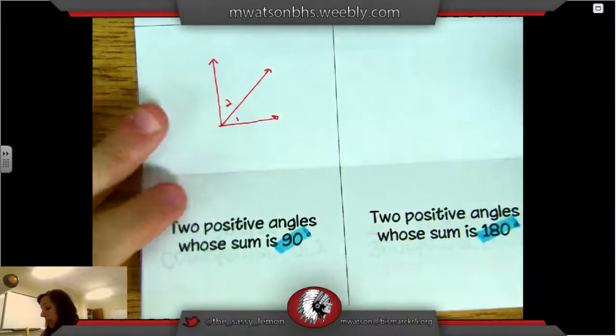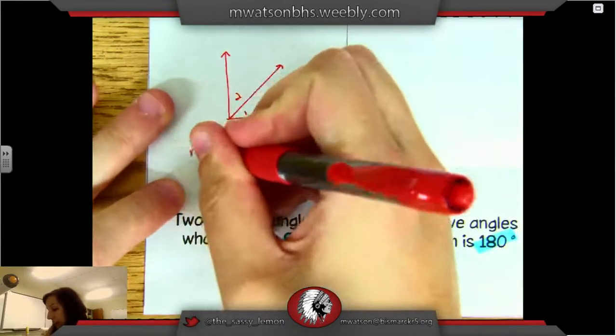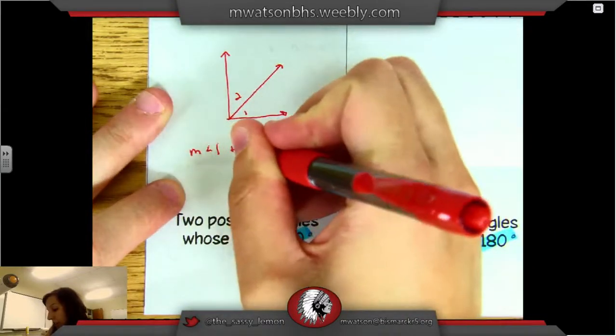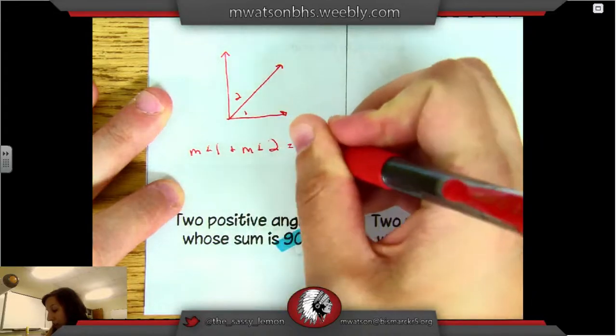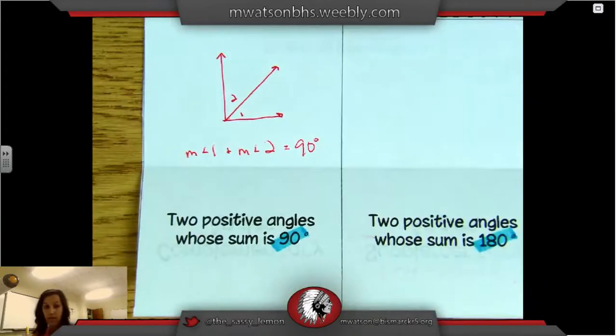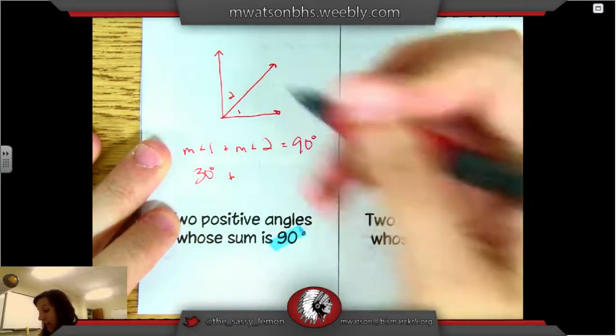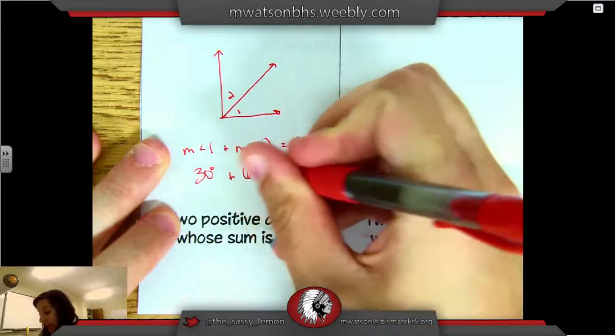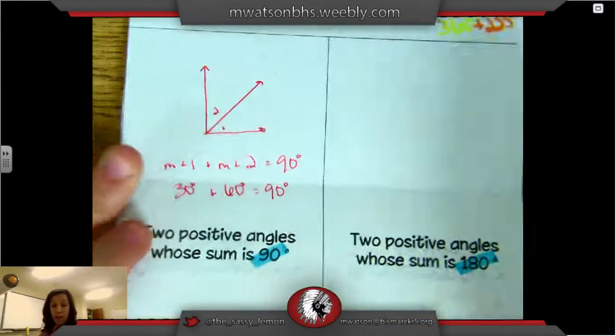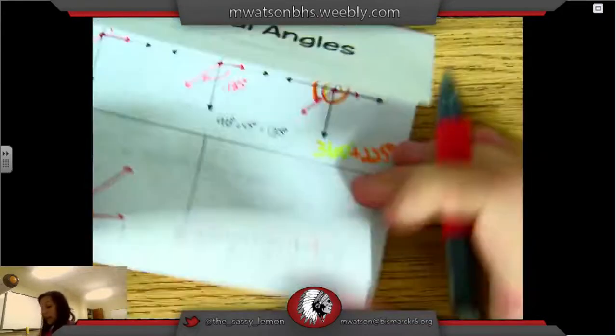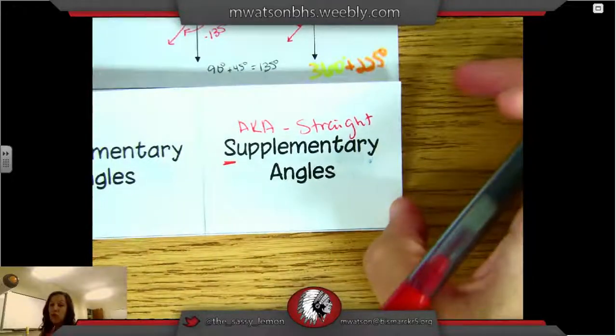In geometry, you might have said the measure of angle 1 plus the measure of angle 2 equals 90 degrees. So we could put anything in there. If we make the measure of angle 1 30 degrees, then that means the complementary angle has to be 60, and so on. Same thing for supplementary angles, except they're straight angles.